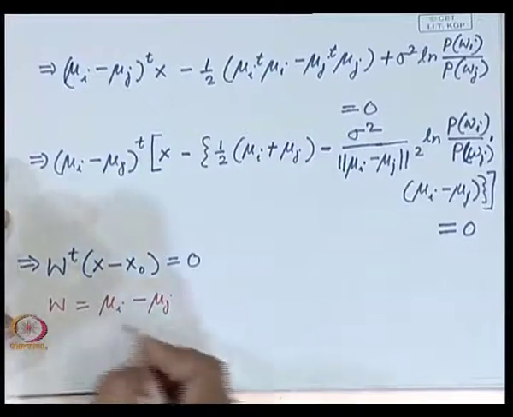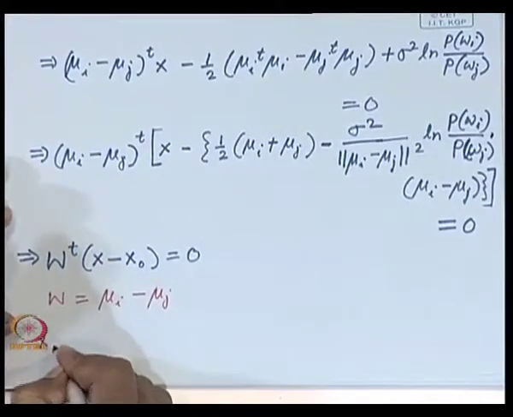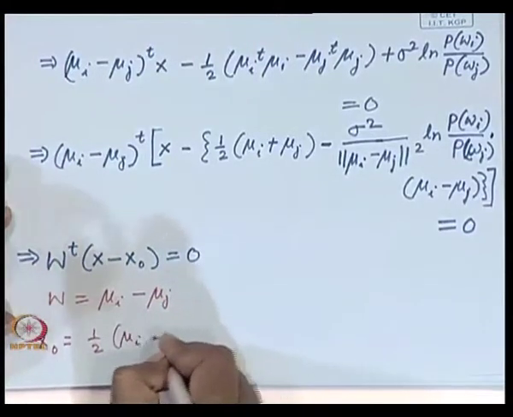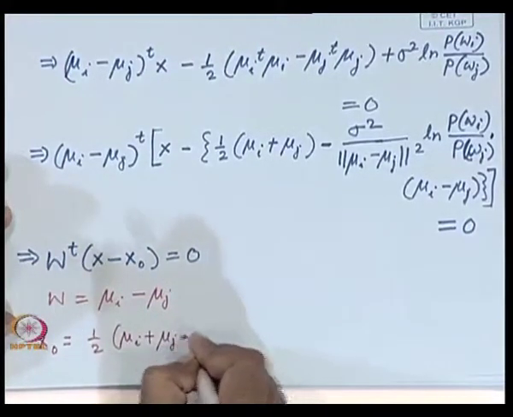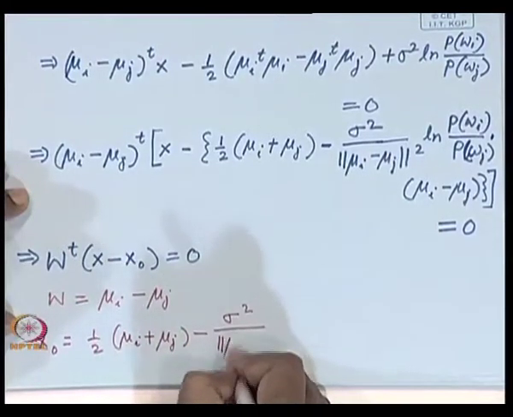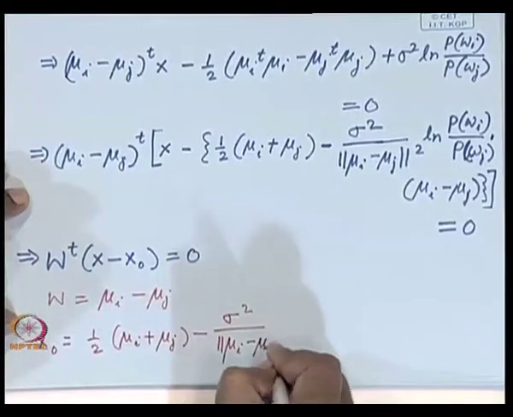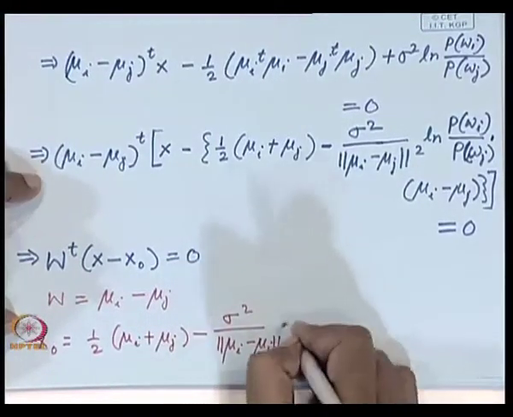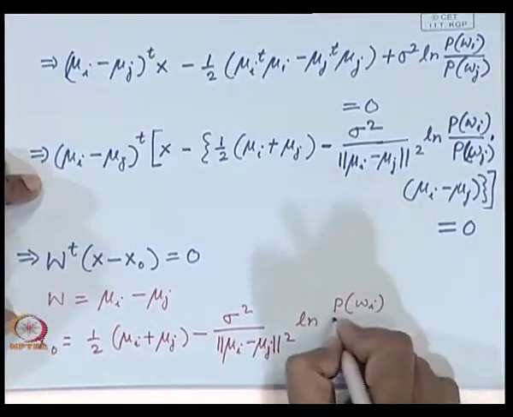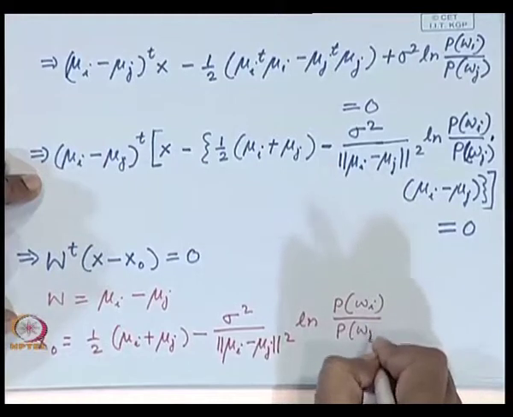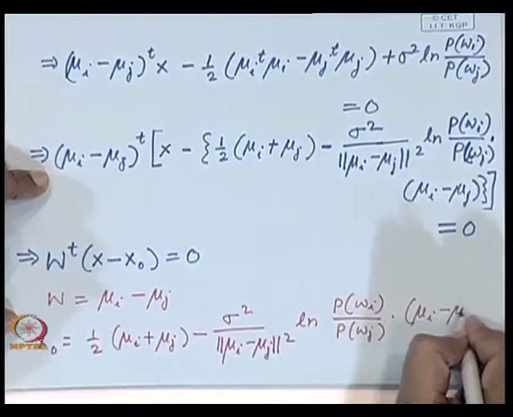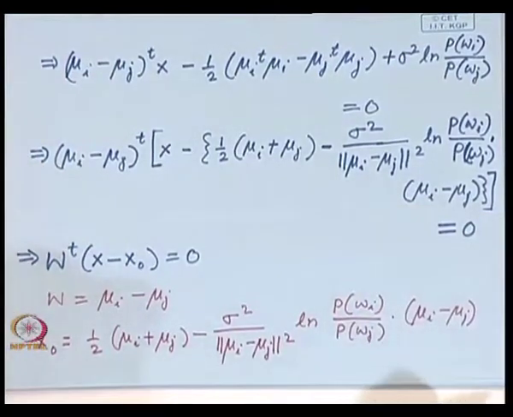And x_0 is simply half of (mu_i plus mu_j) minus sigma square times the remaining term.